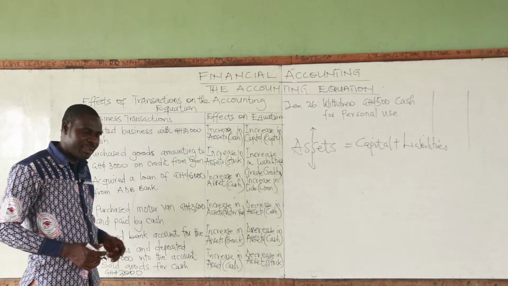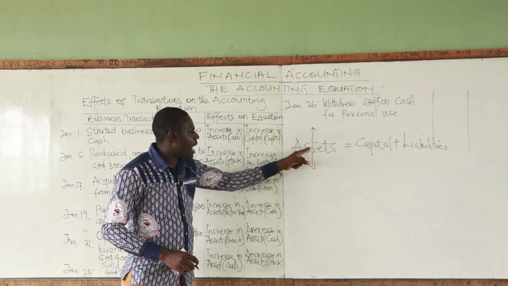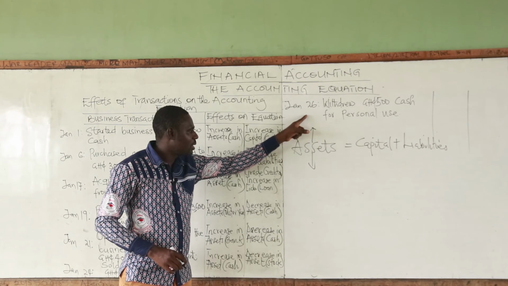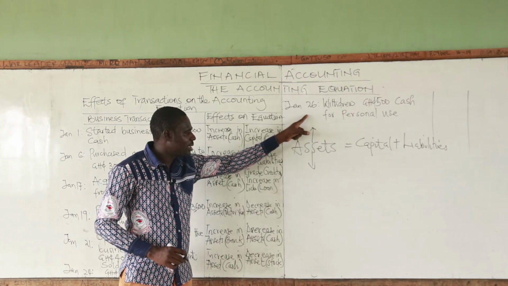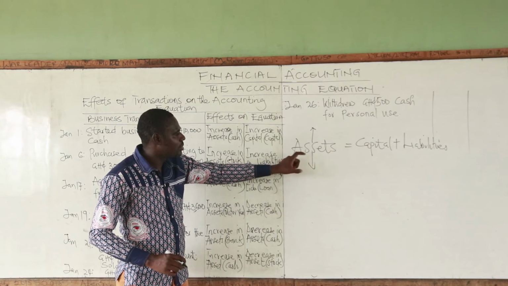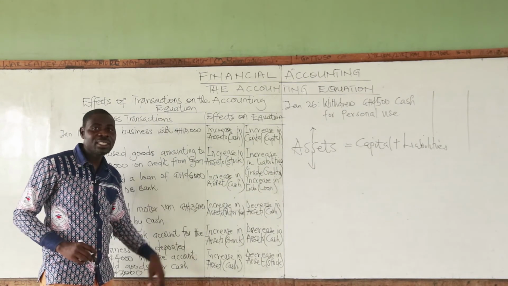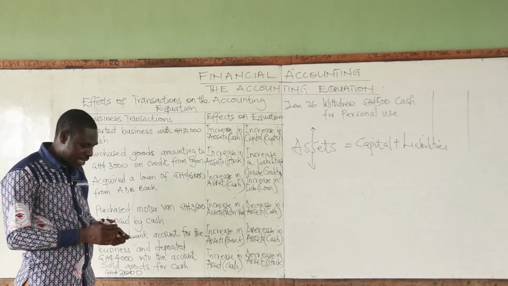So you can see that with this transaction also, cash, which is an asset, goes up by 2,000, and stock, goods, goes down by 2,000. So the equation will still continue to balance.